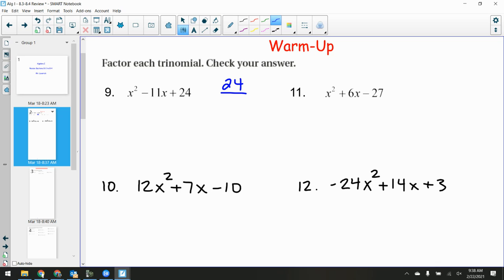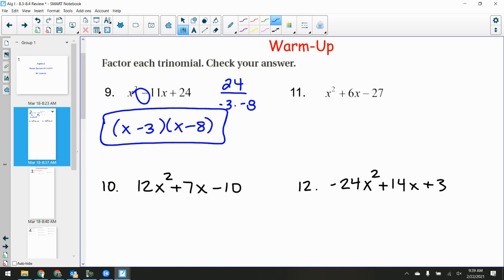Now, be careful here. They've got to add together to get a negative number, so that means they both have to be negative. What are they? Negative 3 and negative 8. Negative 3 times negative 8. And you literally just do x minus 3, x minus 8. That's all you need to do.